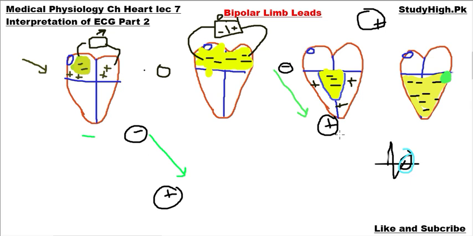Now I am going to calculate how much deflection will be shown by this voltage meter that is connected with this region of the heart and its positive terminal connected towards the apex of the left ventricle. For this, first we have to combine this region. Then we have to draw the projection of the vector's head on this axis that is joining the negative and positive terminal leads that we have applied around our heart.